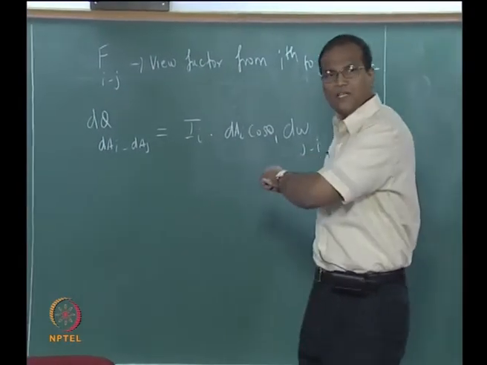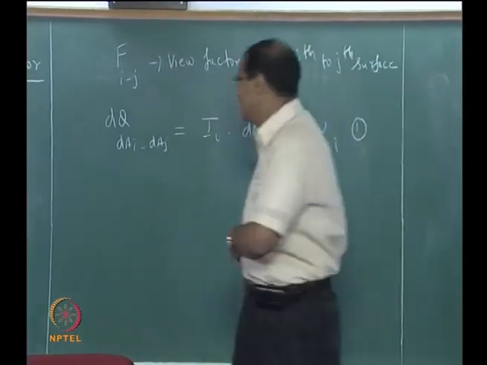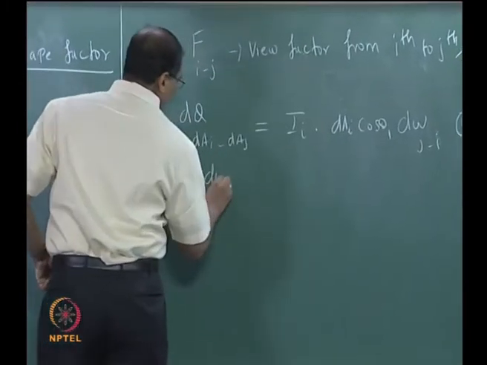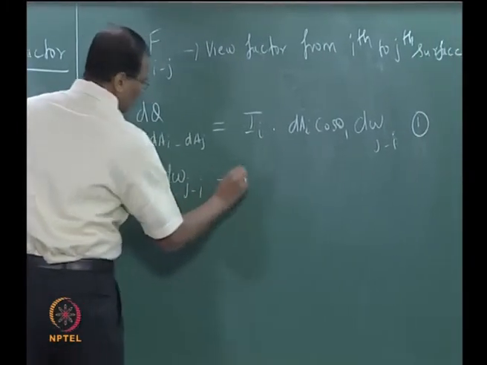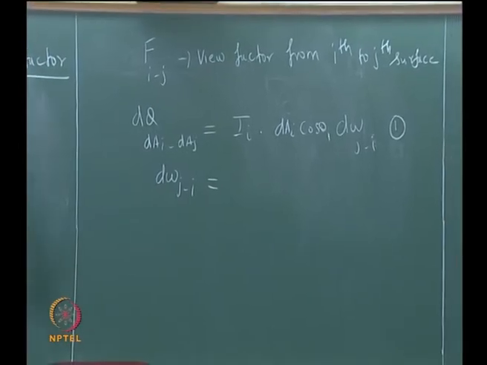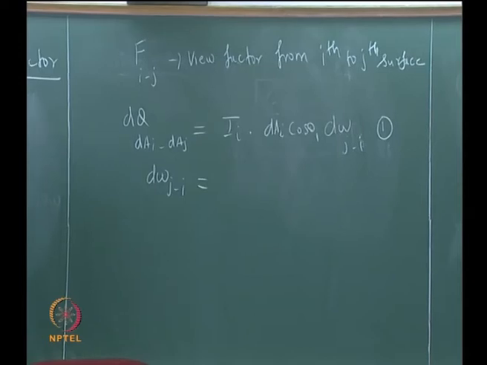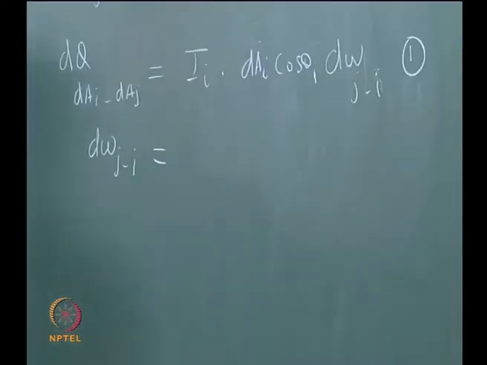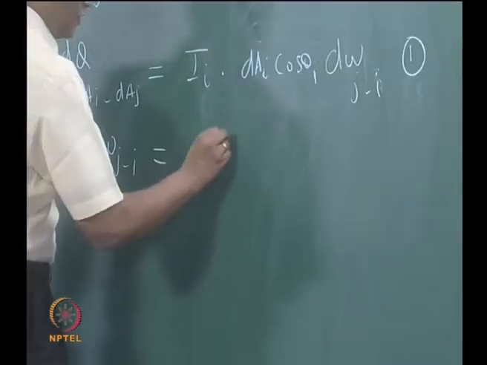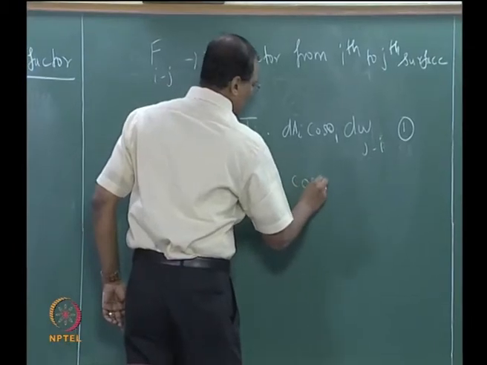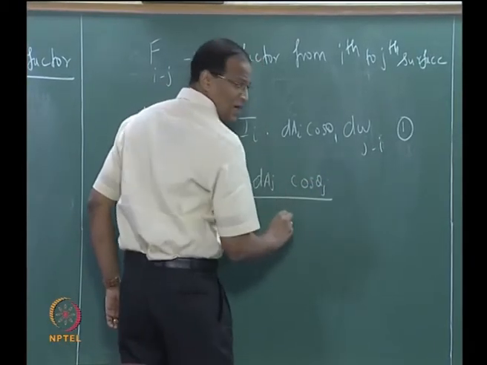Now we can write the expression for d omega, the elemental solid angle, equal to dAj cos theta j by r square.